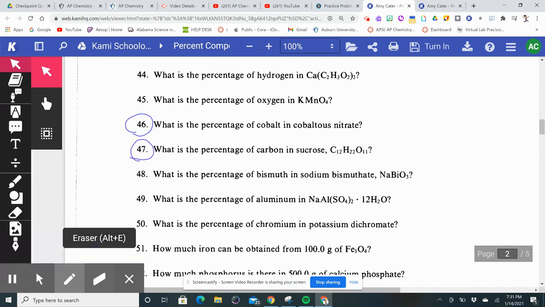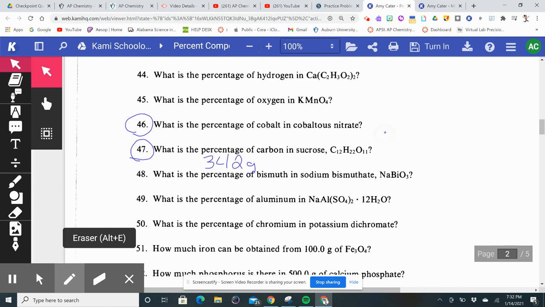Percent carbon in sucrose. So again, what I'm going to do is add up, find the molecular mass first. So that's going to be 12 times 12 for the carbons, plus 1 times 22 for the hydrogens, plus 11 times 16 for the oxygens, gives me 342. That's my total mass of the entire molecule.